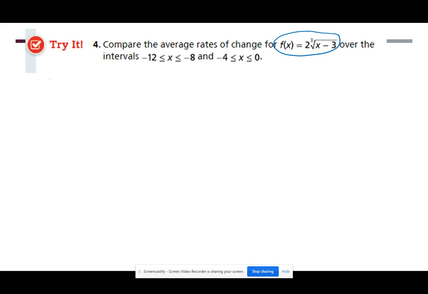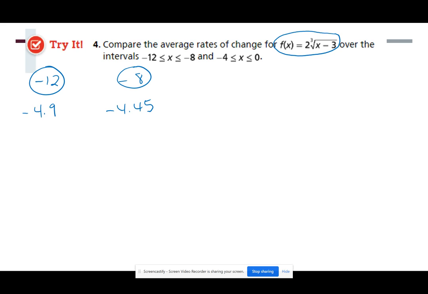When I substituted in negative 12, okay, let's see. I got negative 4.9. When I substituted in negative 8, I got negative 4.45.